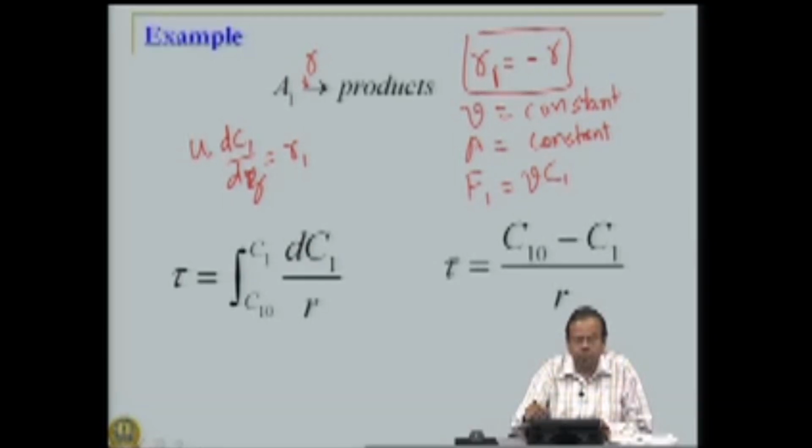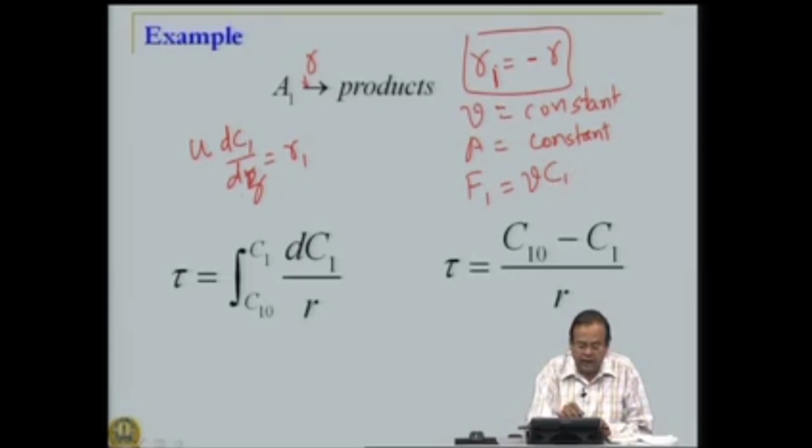So, you substitute r1 as minus r and rearrange this. Take dz on one side, bring r1 and do the rearrangement.